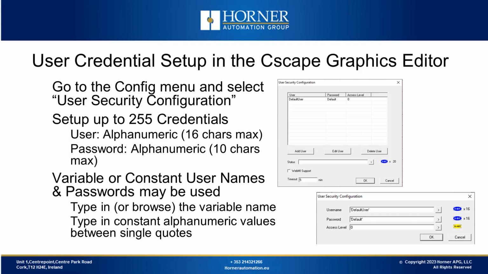Here you can input as many as 255 sets of credentials, with each set including a username of up to 16 characters and a password of up to 10 characters. You have the flexibility to enter these details as constants, meaning fixed usernames and passwords enclosed in single quotes, or as variable names, where the credentials are fetched from specific variables.